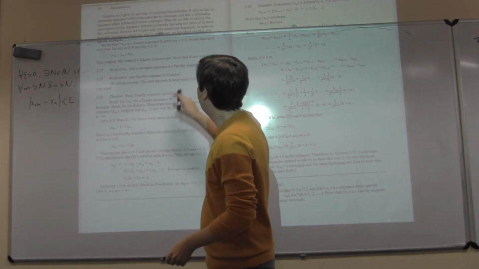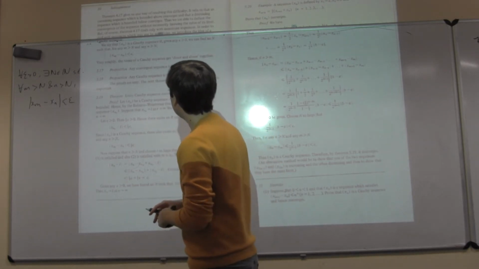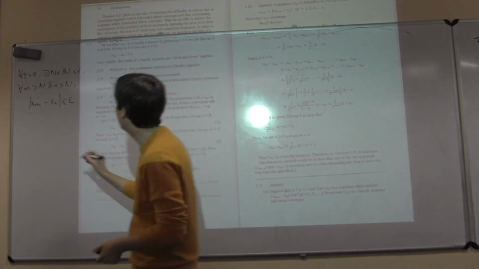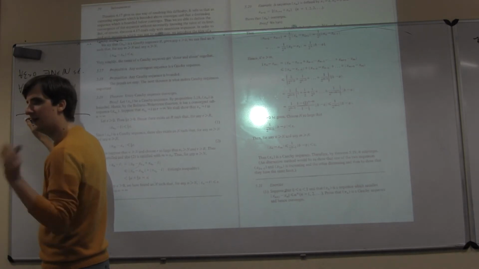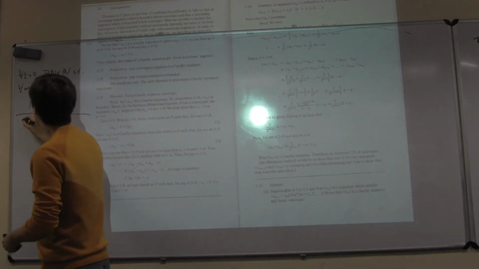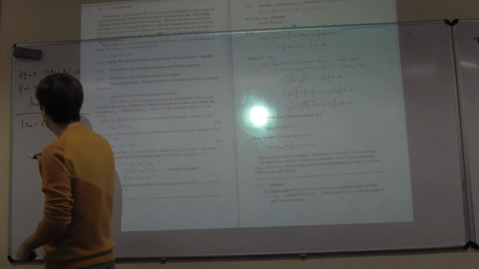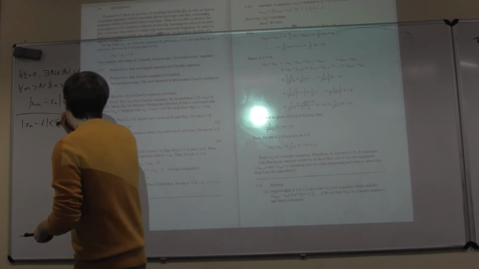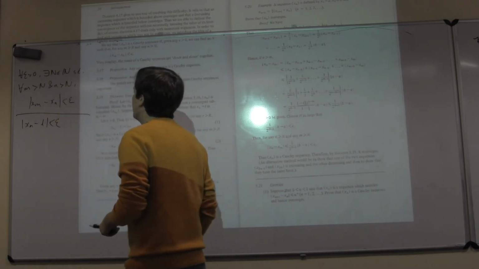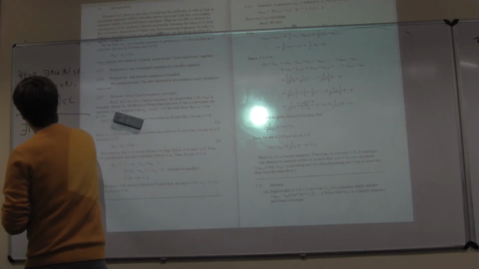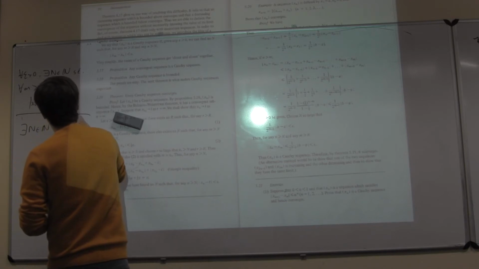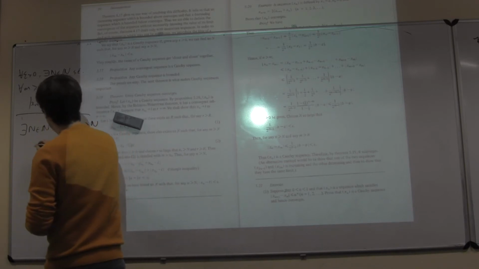So there are some little first results to prove. The first one is that any convergent sequence is a Cauchy sequence. This is fairly easy. If we know that it converges, then there is some N in the natural numbers such that for all n bigger than N, xn minus L is less than epsilon.